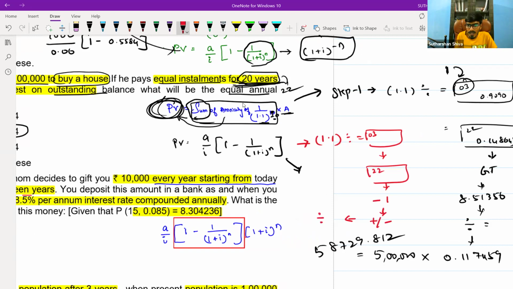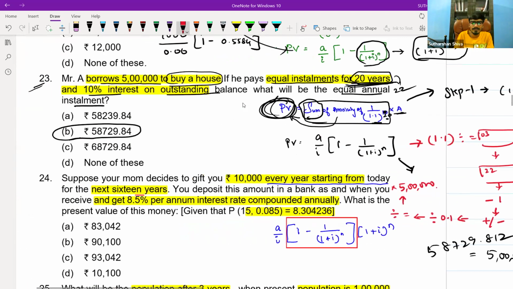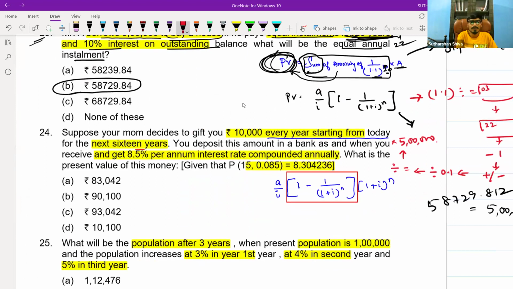Then divided by 0.1, then divided by equal to, then multiply by 5 lakh. In any way you can do, you will get the same answer. These are 2 ways to do a present value problem.